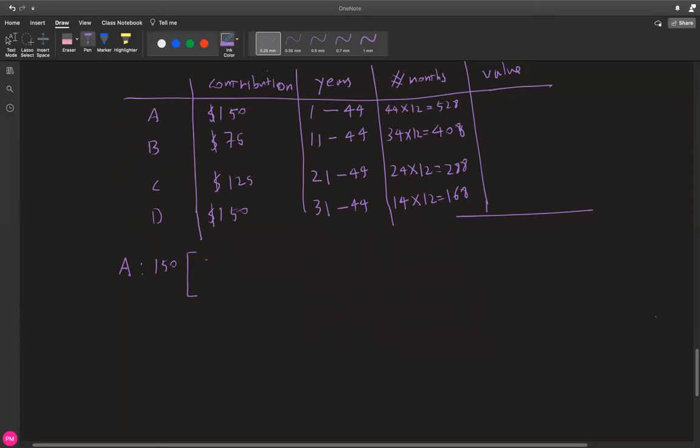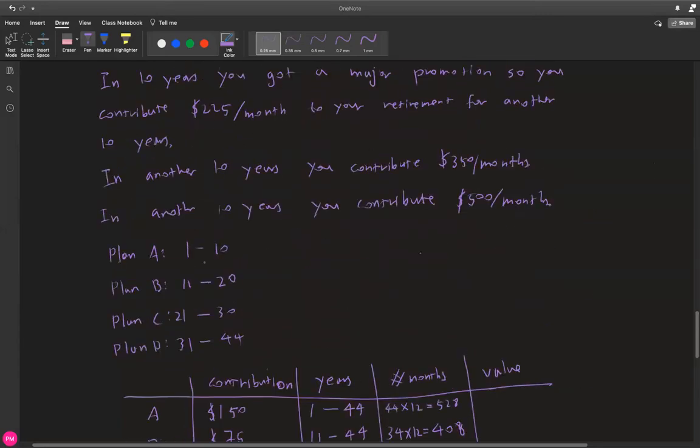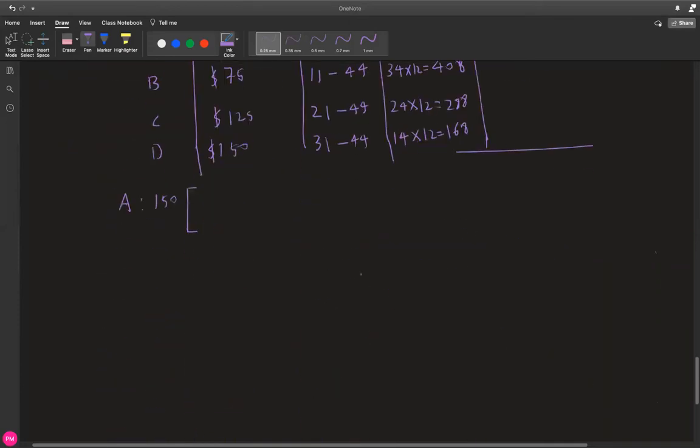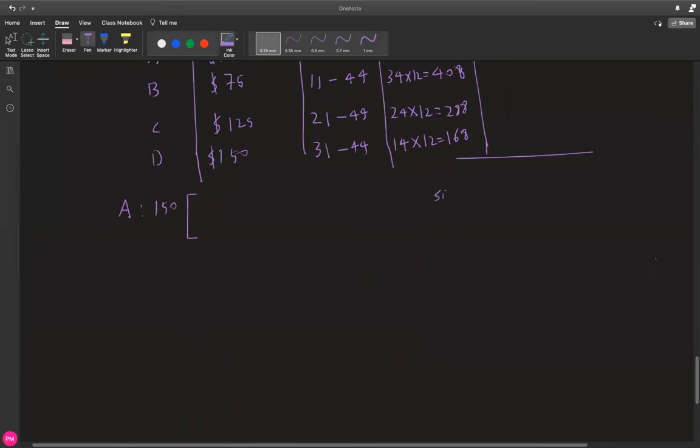And remember that here the APR was 6%. So since APR is 6%, R over 12 is 0.005.